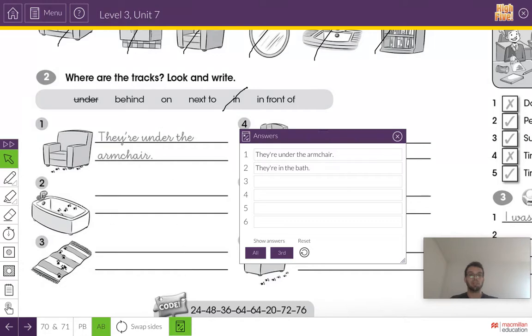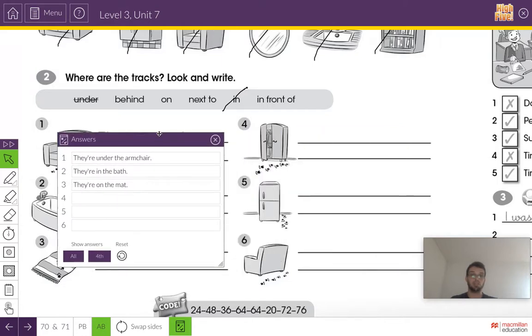Well, looks like they're on the mat, right? So we have to write the sentence just like this. They are on the mat. All right? Just like this. They are on the mat. Good. Let's cross off on. And let's try number 4.